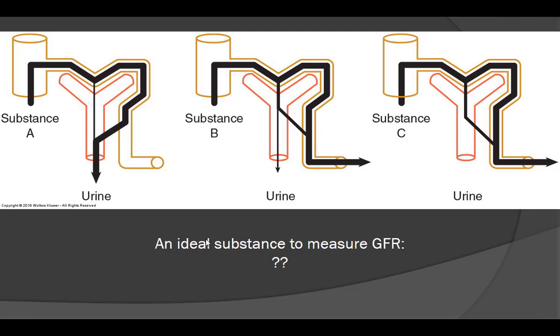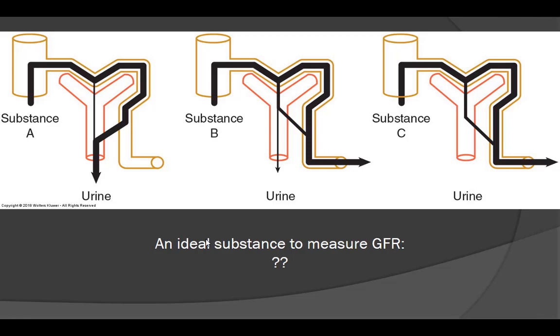When you want to measure filtration, you don't want any reabsorption or secretion occurring. Only then can you, so a substance which is only filtered, not reabsorbed and not secreted, only that substance will give you an indication of the kidney's filtration function. So none of these qualifies actually, right?